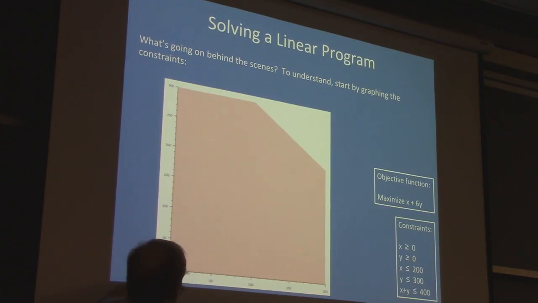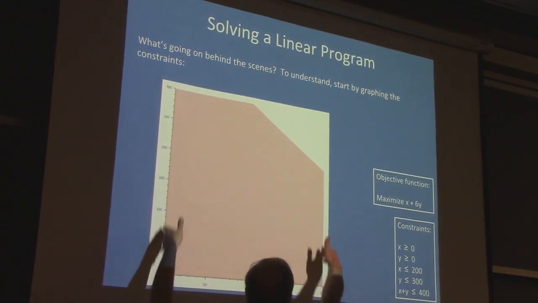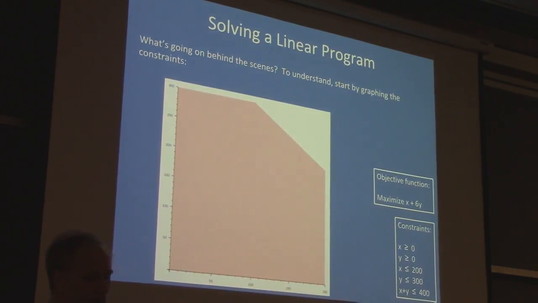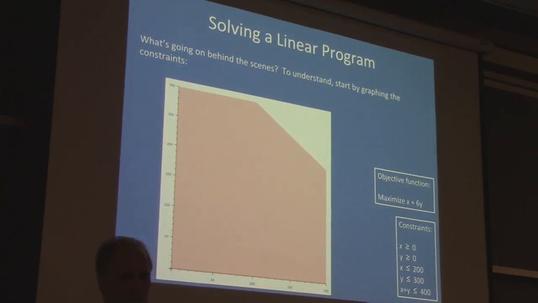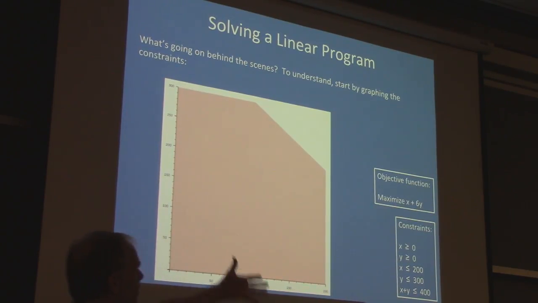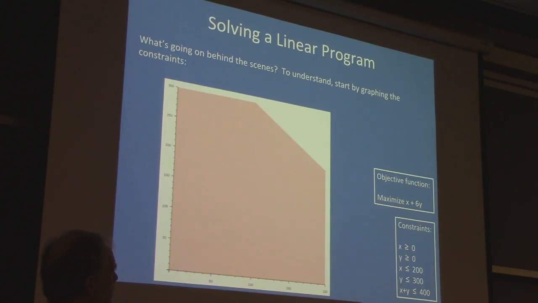It started here, it had these two lines, it just went to infinity. You couldn't maximize x plus 6y because you just keep making y bigger and bigger forever. But generally, when we create our linear programs, we're going to have a finite region.